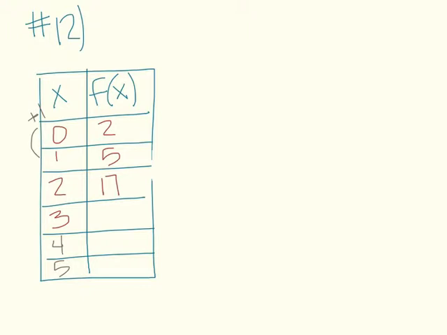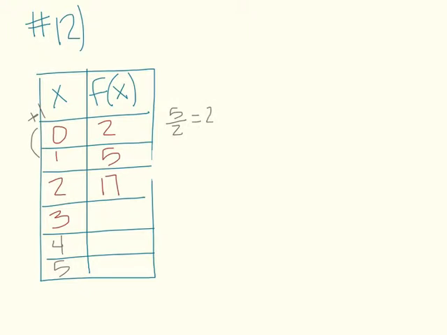The f of x values are going to be a little bit more difficult this time. We have to look for a pattern using multiplication. So, 2 times what equals 5? Well, an easy way to approach this is to go in reverse and say 5 divided by 2 is what?